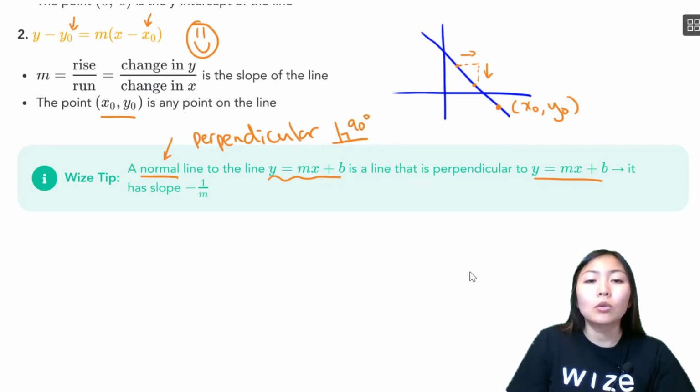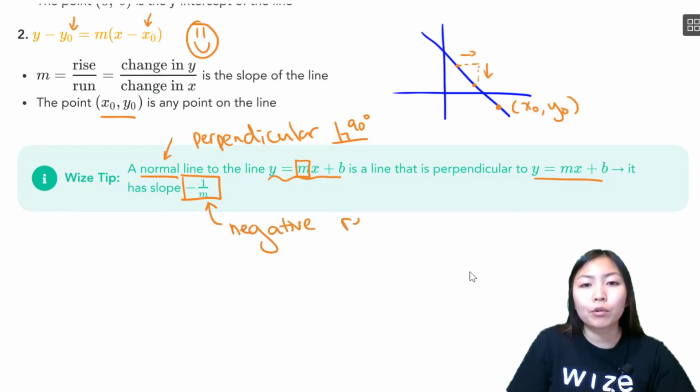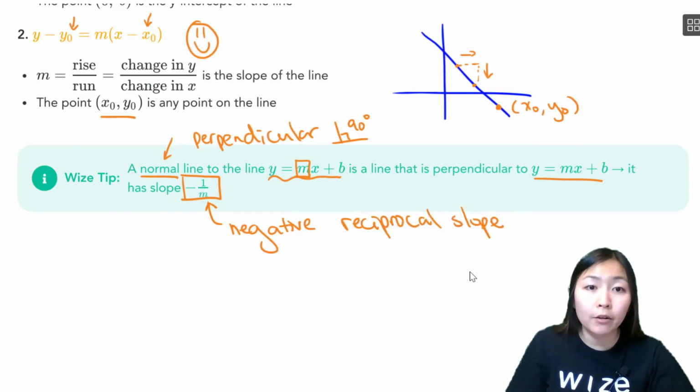If the line y equals mx plus b has a slope of m, then the line that is normal to it is going to have a perpendicular slope, and that's negative 1 over m. That is called a negative reciprocal slope. You'll hear these words from your teacher throughout the entire course.